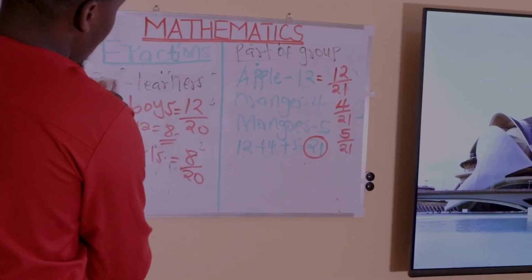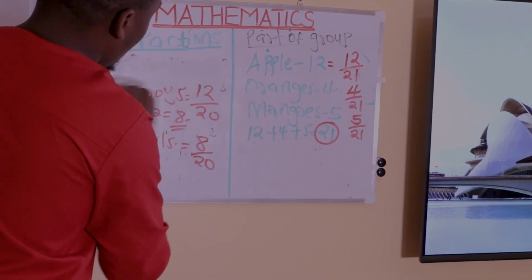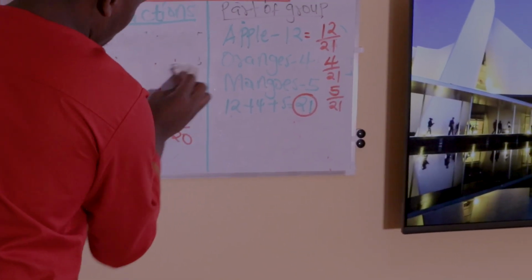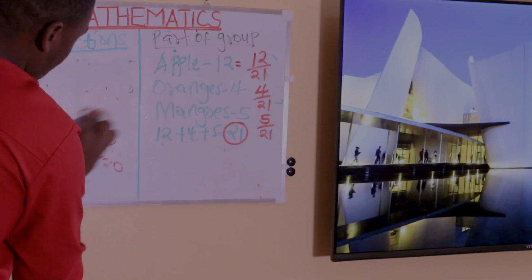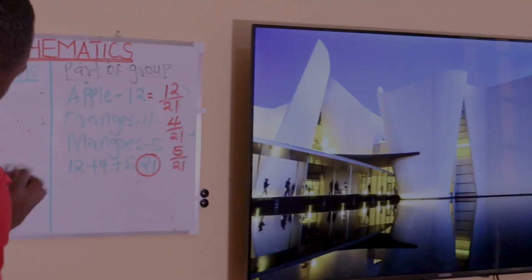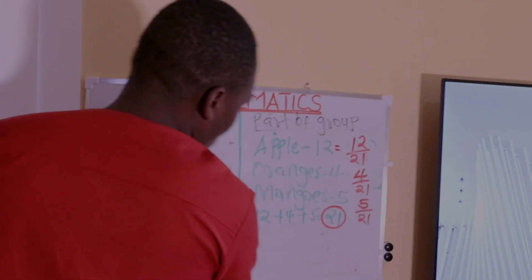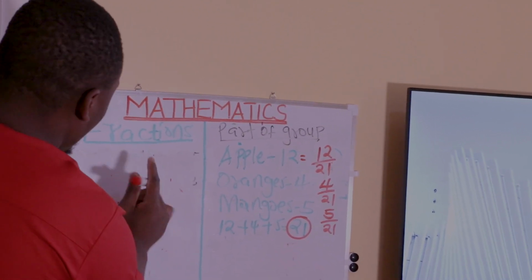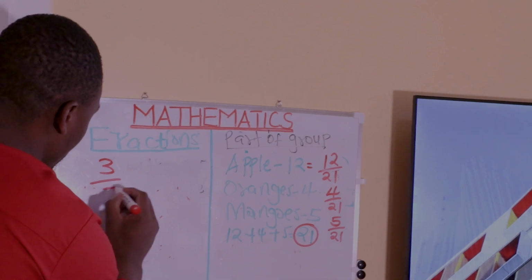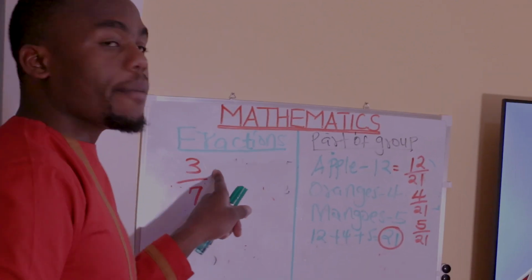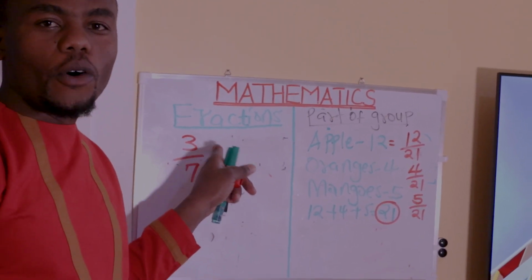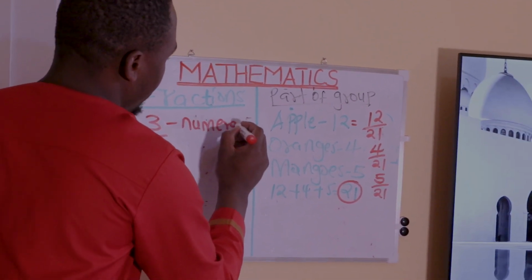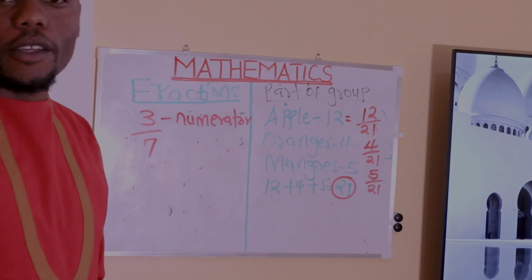Now, as we discussed, a fraction is part of a whole or a group, but I want you to know how to write this fraction. You're just writing the fraction, but there is a skill for writing a fraction. As you write a fraction, for example, 3 out of 7, the number on top is called the numerator.